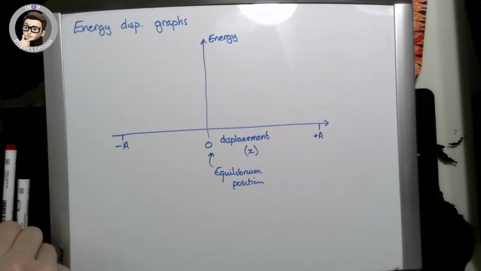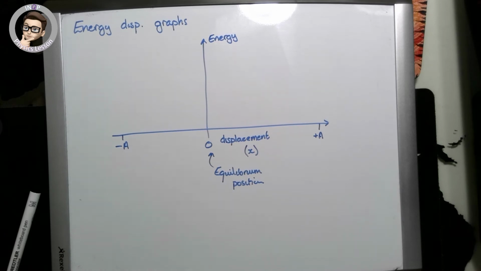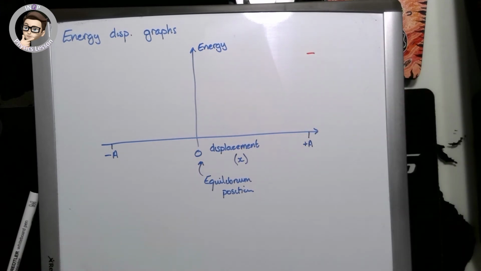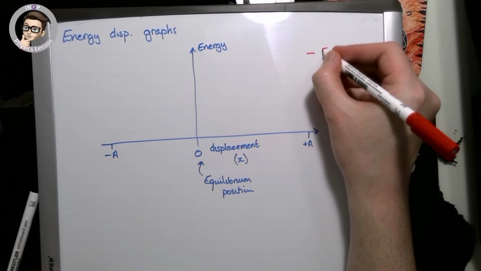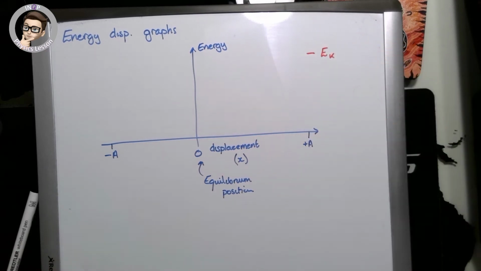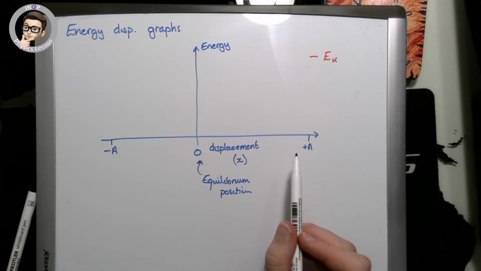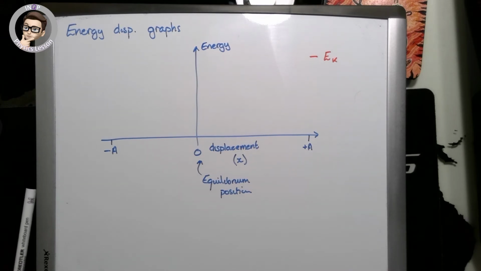Okay, three different colours here. I've got two, so I'll have to use blue again, but let's go with red first, and we'll go with kinetic first. Let's go with EK. So the kinetic energy when I'm at either position, minus a or plus a, well, let's put it into our equation.